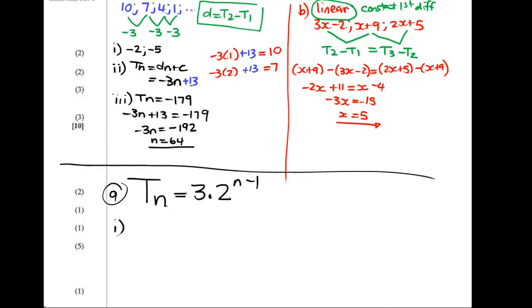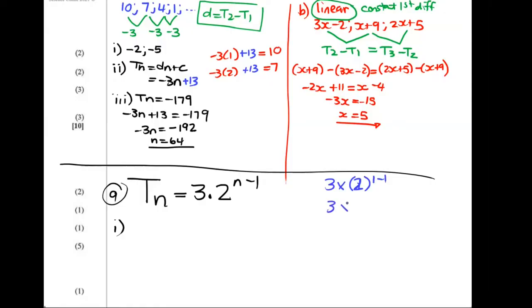Now, it's only worth 2 marks. In other words, you do not have to show all of your calculations. That's what your calculator is for. Okay, so what am I going to type into the calculator? I'm going to say 3 times 2 to the 1 minus 1.